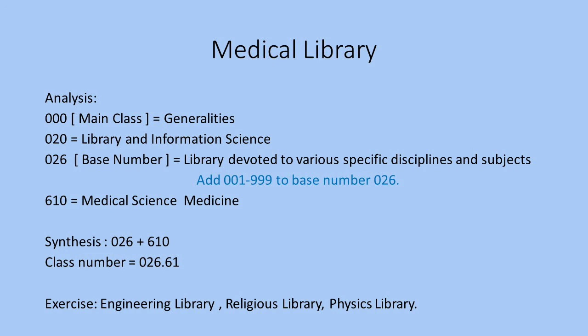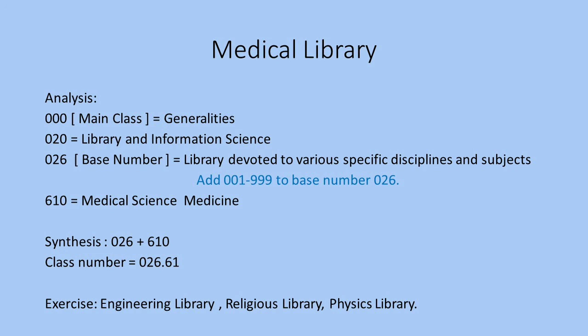Okay, so that's why I have not written 0 here. Now in this way I will give some examples below the page. These examples are engineering library, religious library, physics library. So in this way you have to find out the class number of this document.